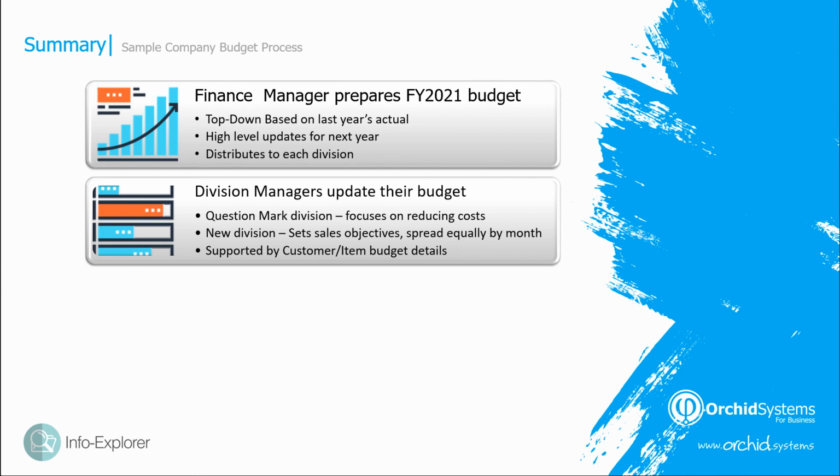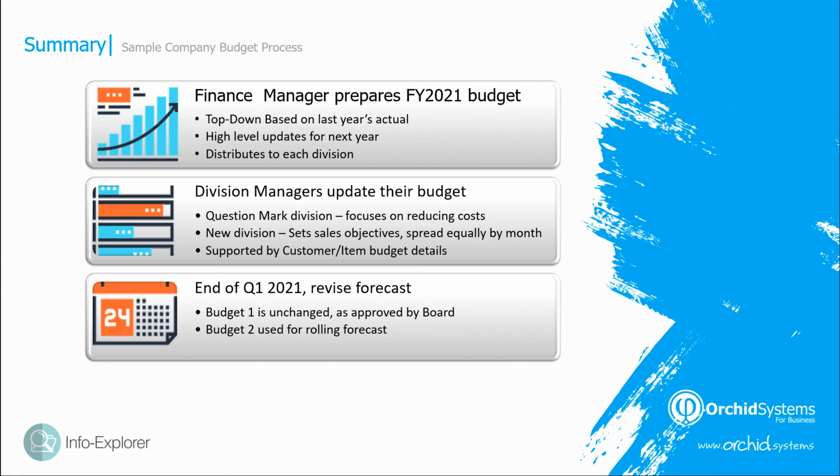Each division manager can update their budget depending on the role that the division plays in the overall strategic direction of the company. So the question mark division, where the products are getting towards the end of their life cycle, focuses on reducing costs, while the new division has some sales objective spread equally by month and supported by customer and item budget details.